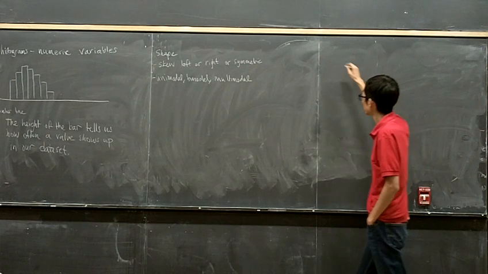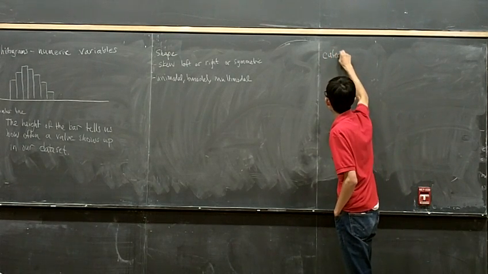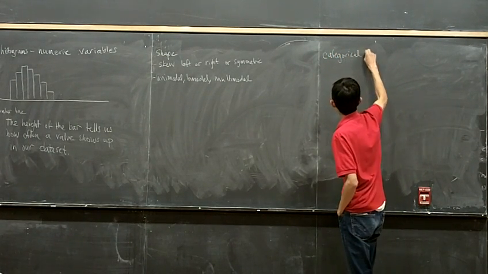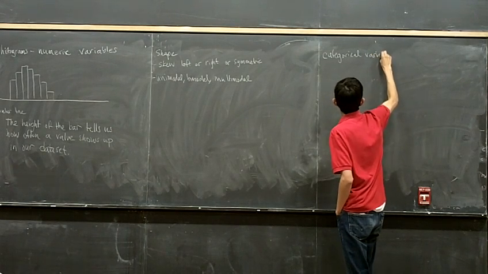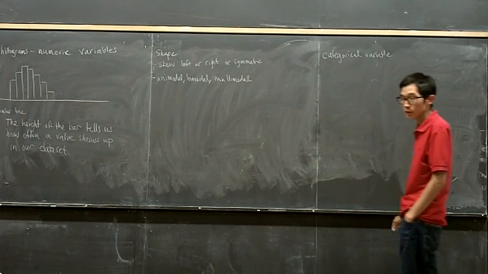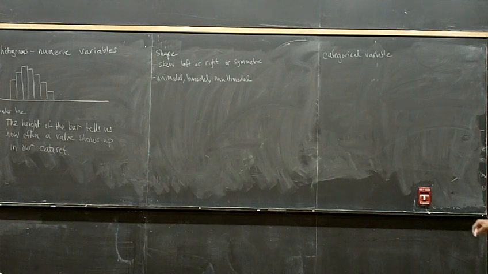On the other hand, if we're dealing with a categorical variable, we can summarize our data with what kind of table? A frequency table.